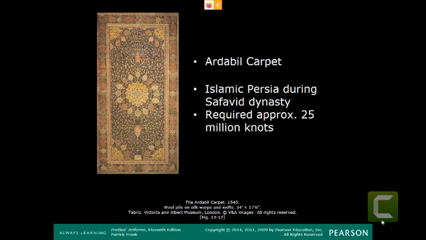If any of you have heard of Persian rugs in the past, they're very expensive. And this one in particular is called the Ardabil carpet, made in 1540. And in order for this to be made, it required approximately 25 million knots. So you can probably guess it took a very long time to create.